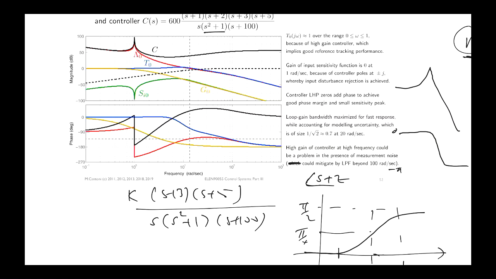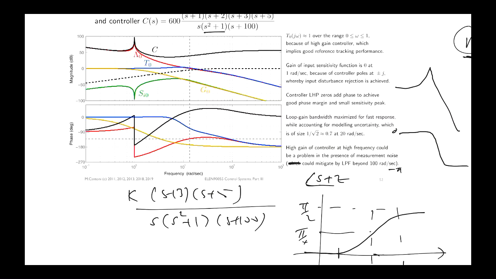It also flattens off the gain. With this pole here, it will start going down at 40 dB per decade, and these two bring it back up again to flatten it off so that it doesn't keep going down at such a fast rate at crossover.